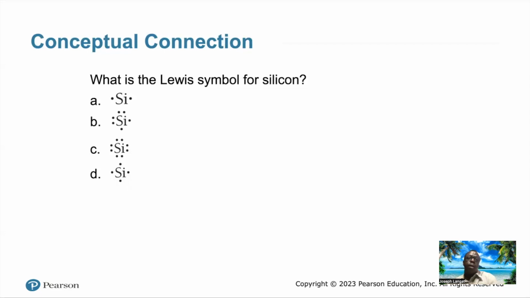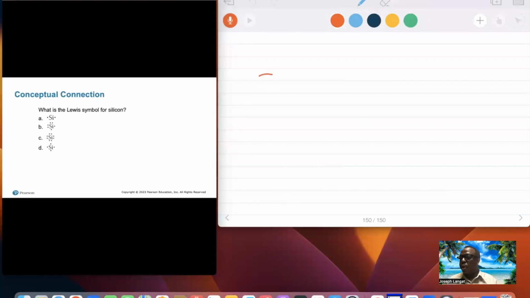Silicon is Si, not S. The chemical symbol for sulfur is S, group 6A.